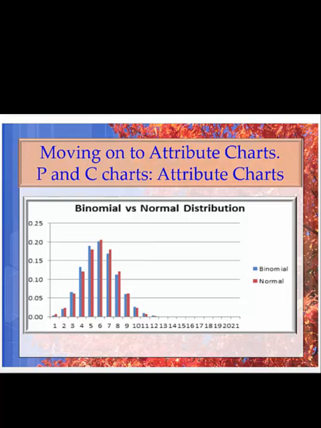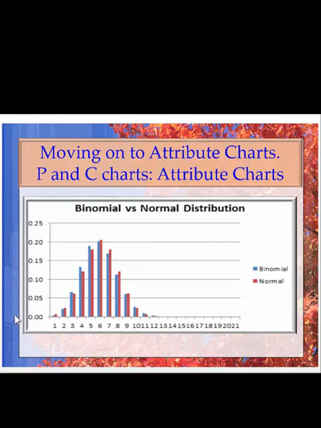These are not continuous in nature. So we have to use a different type of chart. We can't use the same way we've always done it. It just so happens that P and C charts have a binomial distribution versus a normal distribution, which just kind of means it's pushed over to one side like this, and that's really sufficient information that you need for this class. If you're interested in binomial distributions, let me know. I'm happy to talk to you about them.